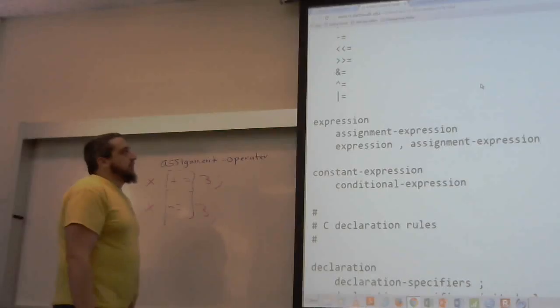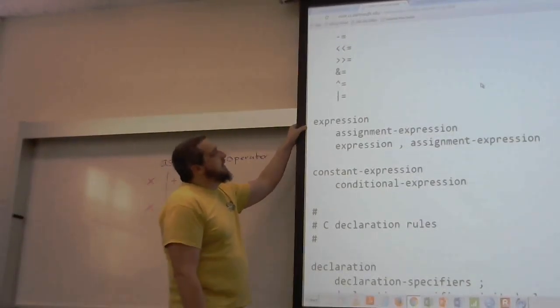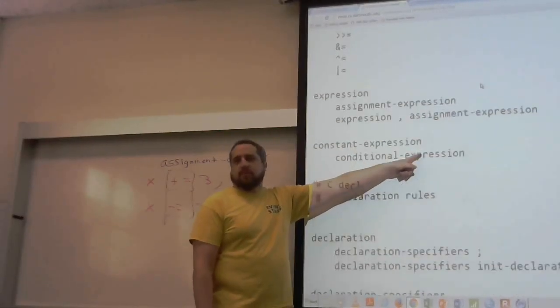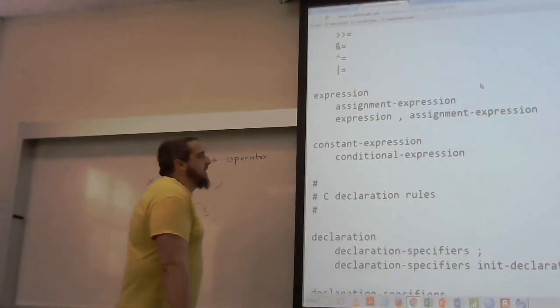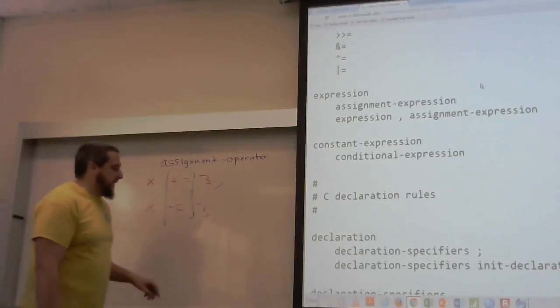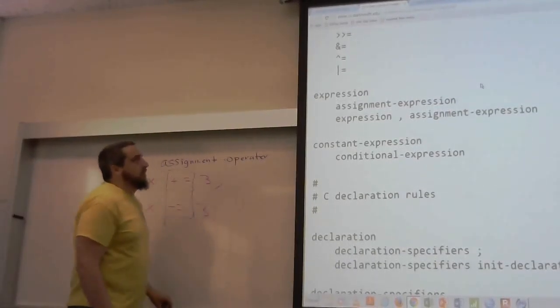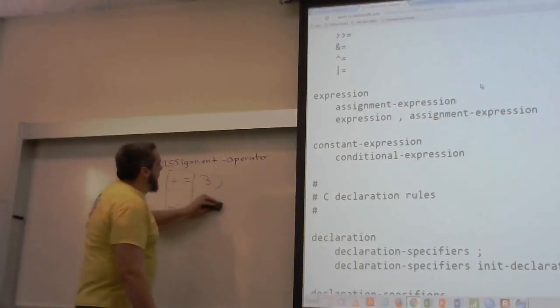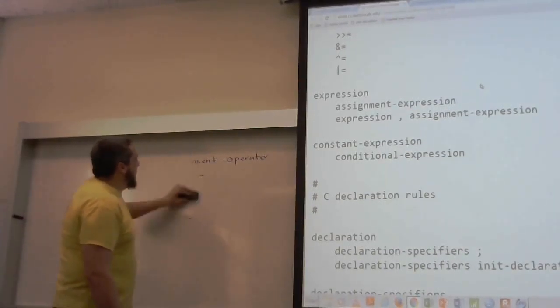Here's another expression. Here's an assignment expression, or an assignment followed by an assignment expression. So this actually might be the actual rule here in this case. That this turns into an assignment operator. An expression, let's use the capital E instead.